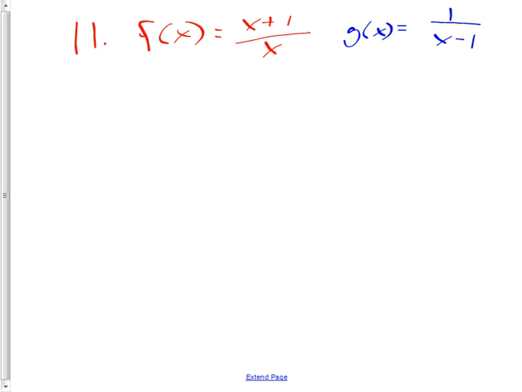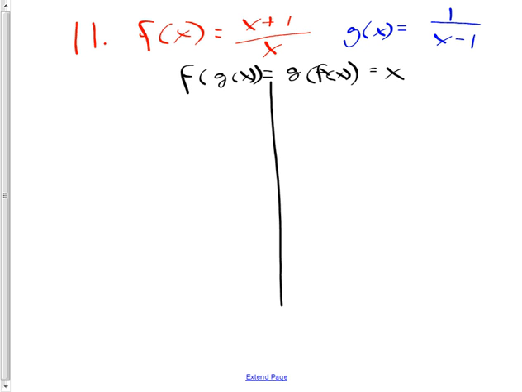So I said to write really small, f of g of x equals g of f of x equals x, and then draw a line right down here, all the way to the bottom of the space you have available there. Okay? Now we got to prove that f of g of x equals g of f of x.